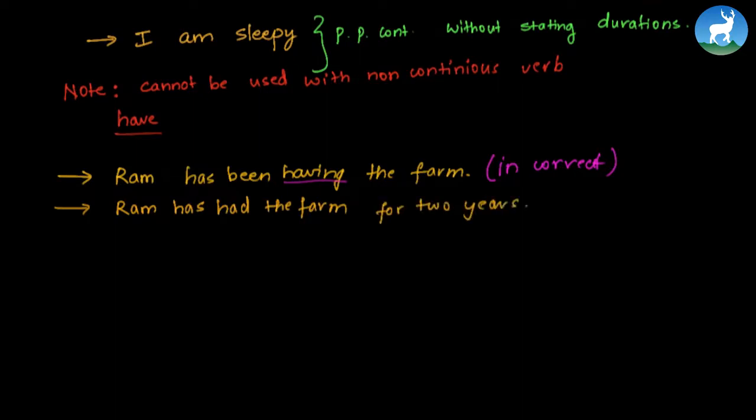This means Ram still has the farm after 2 years, and we use the correct form of have by stating had and not having. This is an incorrect statement, and this is a correct statement. Now, we just looked at the present perfect continuous tense.